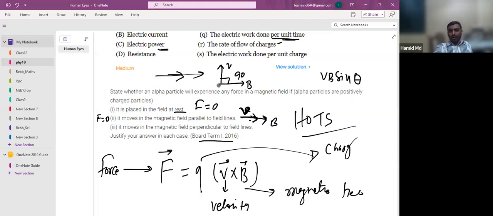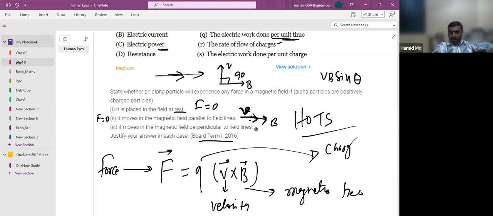Zero. Jaslyn, what is the value of sine 90? Root 3 by 2. Okay. Rizwan, what is the value of sine 90? 1. So Rizwan is the winner for the day.